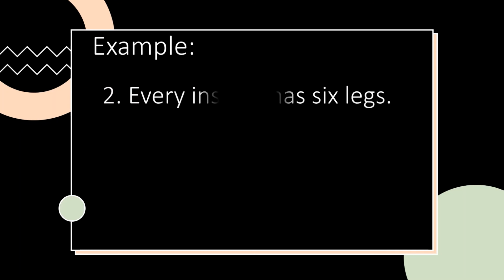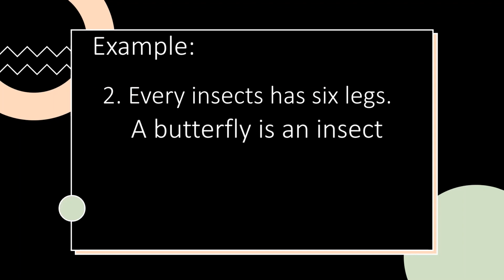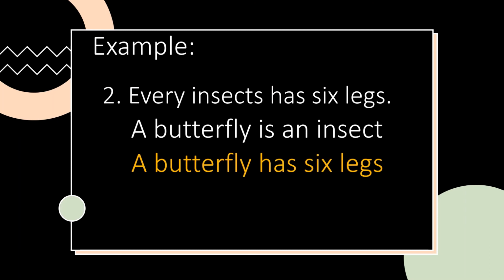Next example. Every insect has 6 legs. A butterfly is an insect. So what can you say about the butterfly? Correct. A butterfly has 6 legs. Well done, grade 8 learners.